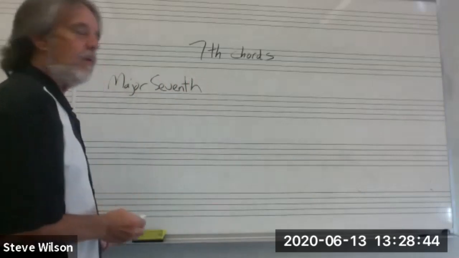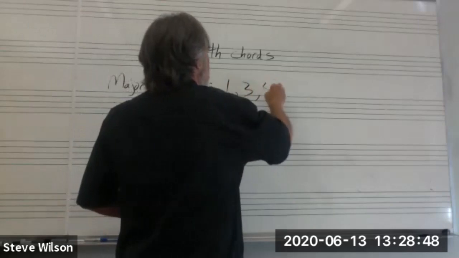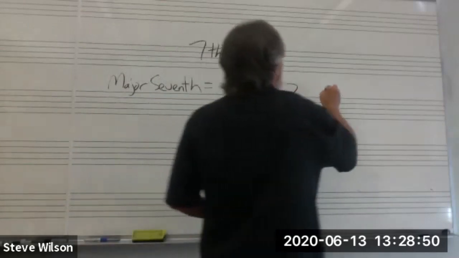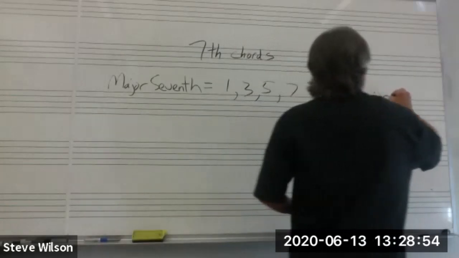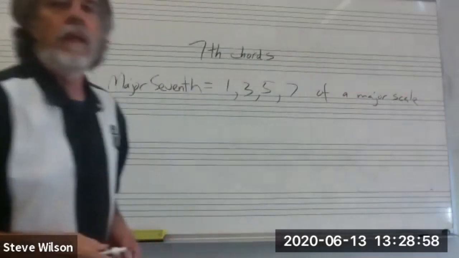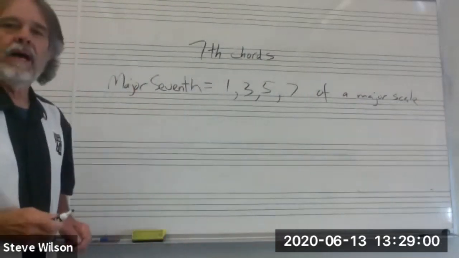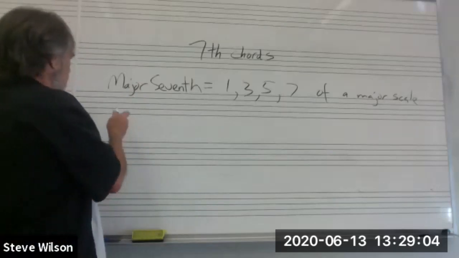A major seventh chord is 1, 3, 5, and 7 of a major scale. And I'll play each one of these for you in a few minutes.